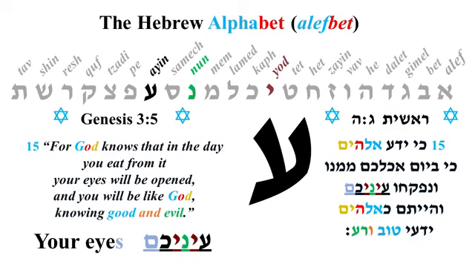Satan, the serpent, the Nachash, back in Genesis 3:5, he said, "For God knows that in that day you eat from it, your eyes, ayinim, will be opened, and you will be like God, knowing good and evil." Look how it says, your eyes. The first three letters, ayin, yod, nun, that spells ayin, right?